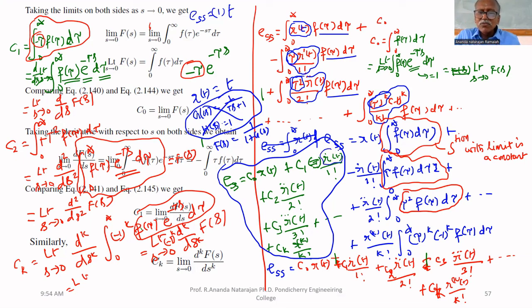Therefore R dot of t becomes 1. What is the second derivative of t? 0. What is the third derivative of t? 0. That's all. Only 2 terms you will get. We know how to find C0, C1. Just substitute r of t and R dot of t, R double dot of t. That's all. Do you understand this?